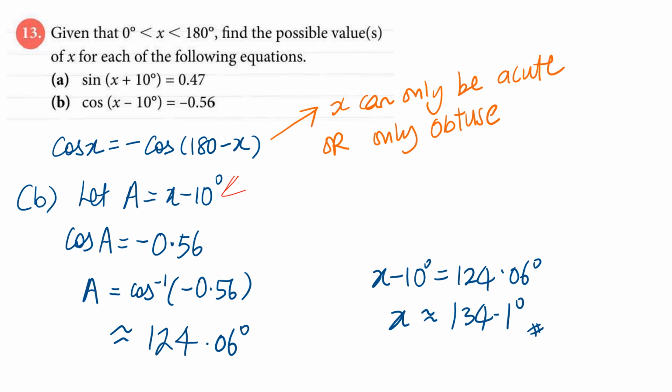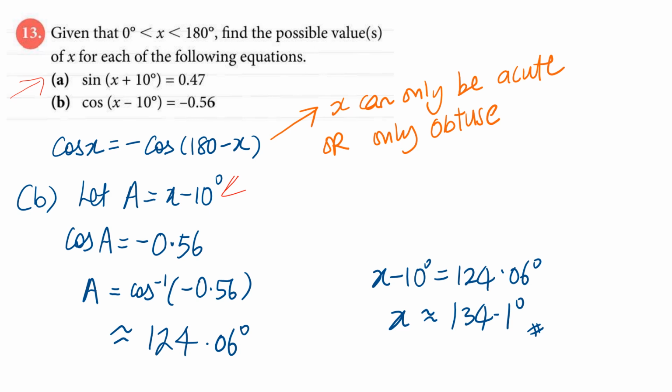Okay, right. So in summary, if your angle is between 0 to 180, that means between the first and the second quadrants, the ratio for sine acute is the same as the ratio for sine obtuse. So if you're doing something like part A, there are two possible answers for x, one acute and one obtuse. But for cosine, it's different.